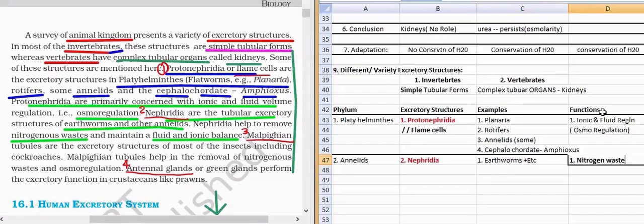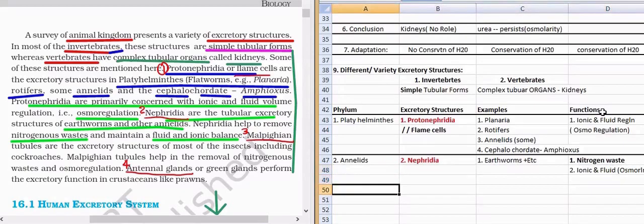Next is the same: ionic and fluid balance, that is osmoregulation. Okay, this second one is also completed.